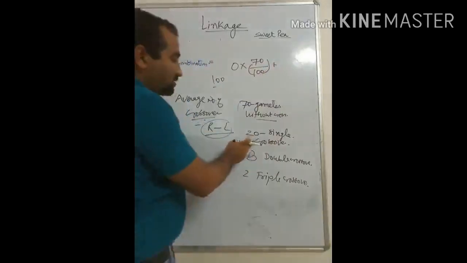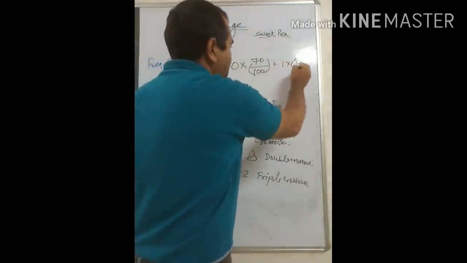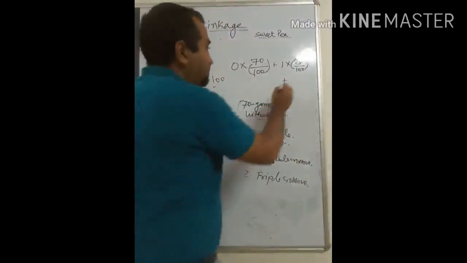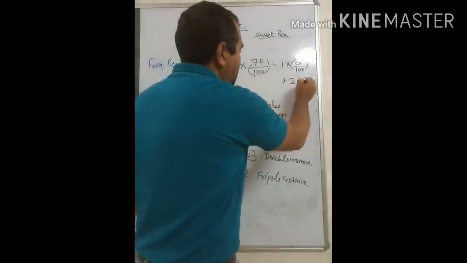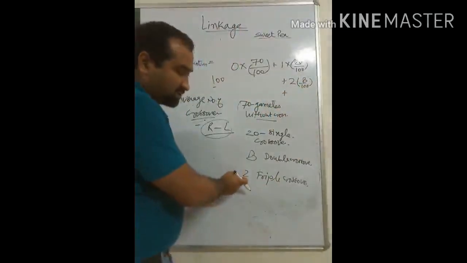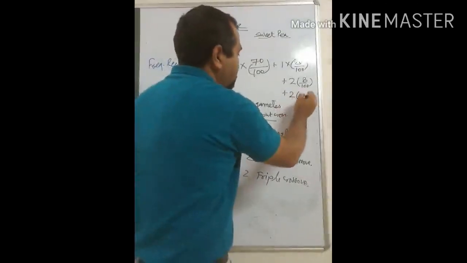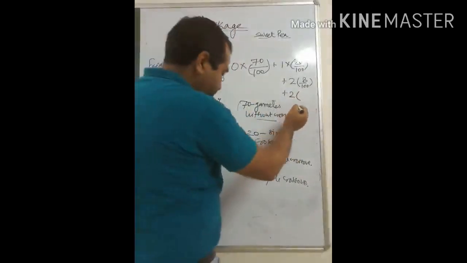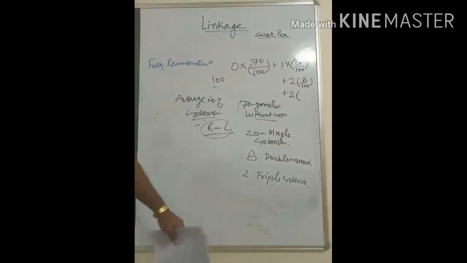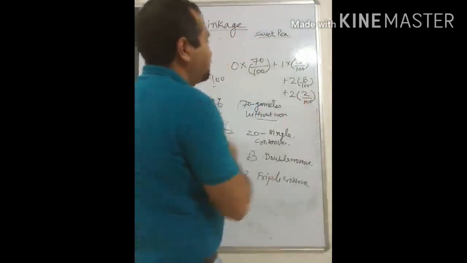Plus single crossover, 1 into 20 upon 100, plus double crossover, 2 into 8 upon 100, plus triple crossover, 3 into 2 upon 100.